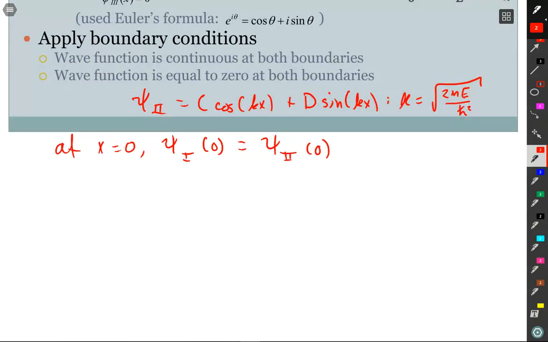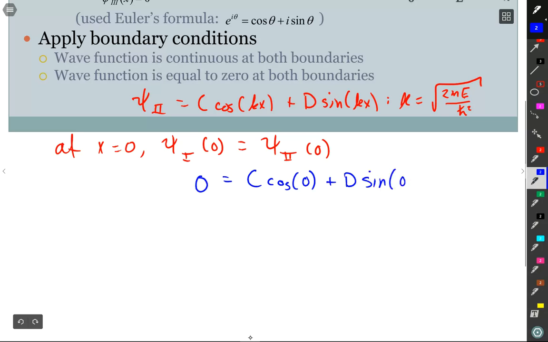So looking at that boundary condition, this is 0 for psi 1. So psi 2 is c cosine, if x is 0, then kx is 0, plus d sine of 0. And tell me, what is cosine of 0? 1. What is sine of 0? 0. Okay, you're totally on top of that.